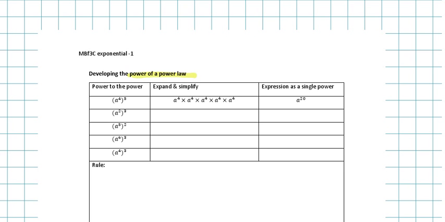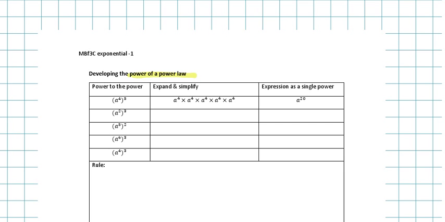If I put all of this together, how many a's do I have multiplied together? 20. Right? So it's 4 plus 4 plus 4 plus 4 plus 4. 4 plus 4 is 8, plus 4 is 12, plus 4 is 16, plus 4 is 20.